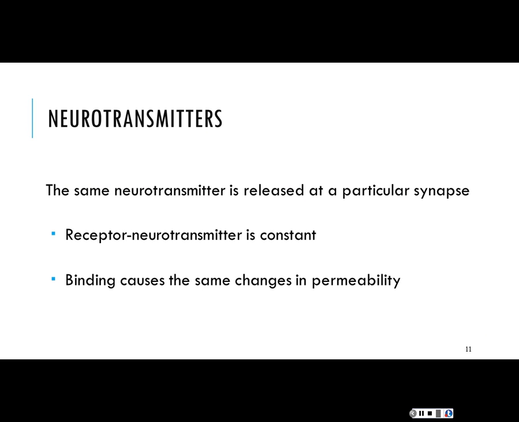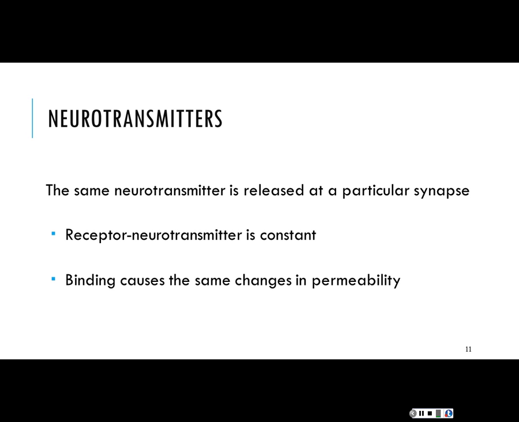If it's designed to release dopamine, it's always going to release dopamine. Does that make sense? And so if the same neurotransmitter is always released from the presynaptic cell, the postsynaptic cell better always have the same receptors. So at a synapse, if a presynaptic cell releases acetylcholine, the postsynaptic cell better have an acetylcholine receptor. It's always going to be consistent like that.